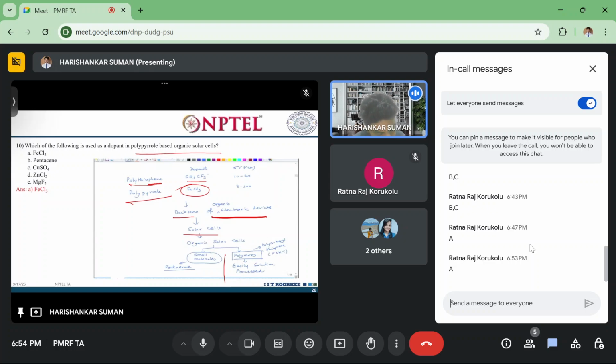This is polymer, which can easily be solution processed, small molecule.